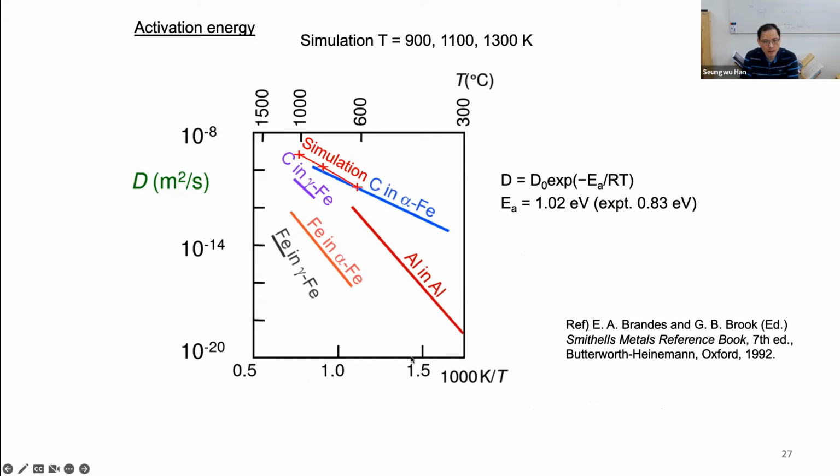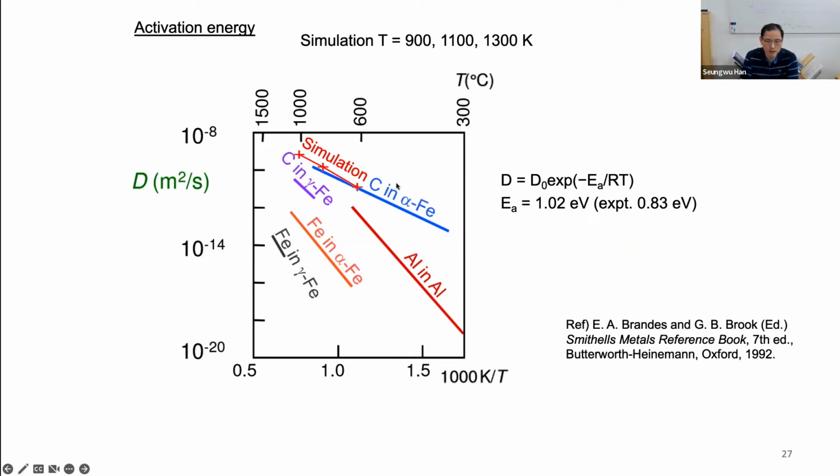And then with the plot, this is log D, log of the diffusion coefficient, versus one over the temperature. And here, this is the simulation data. And this blue one is the experimental measurement. I got this from this reference here. And you can see that it's quite close. And also, the slope of this diffusion coefficient gives you an activation energy.